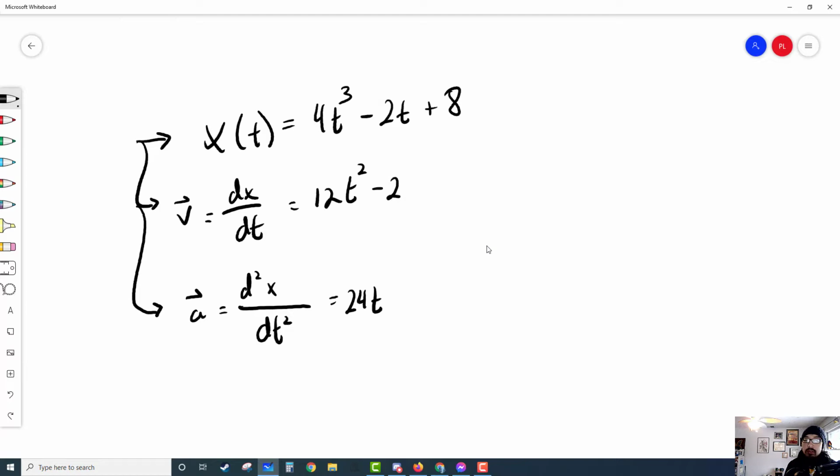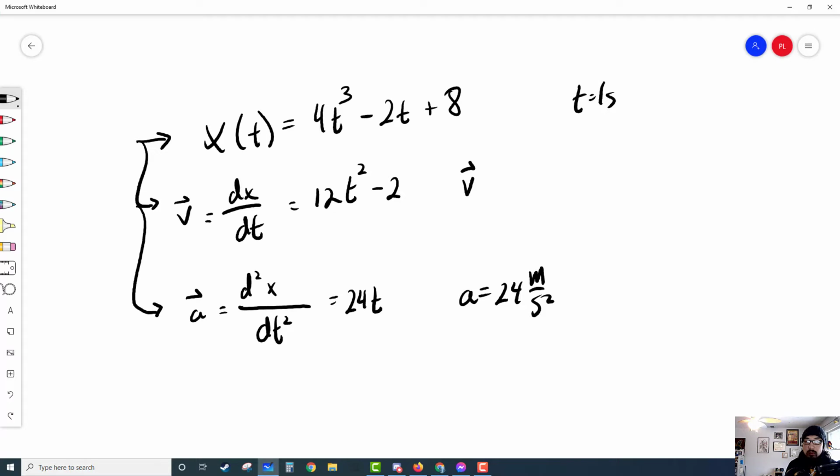And if the problem tells you, for example, when t is equal to 1 second, you can tell me the position of the object, the velocity of the object, and the acceleration of the object. So let's try that. If t is 1 second, that means 24 times 1, the acceleration was 24 meters per second squared. If t is 1 second, then 1 squared gives us 1, 1 times 12 gives you 12, 12 minus 2 gives you 10.